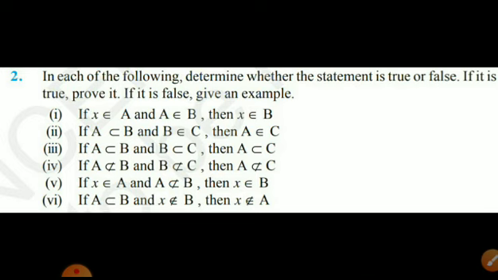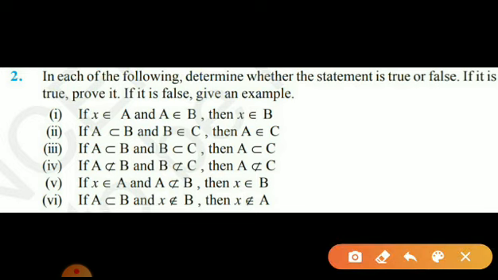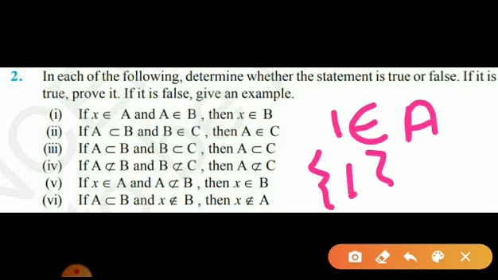So will I get that there? In that case, can I say that X, that is 1, was the element of A? But singleton 1 is a set. That singleton 1 is an element of P of A. Is that clear?